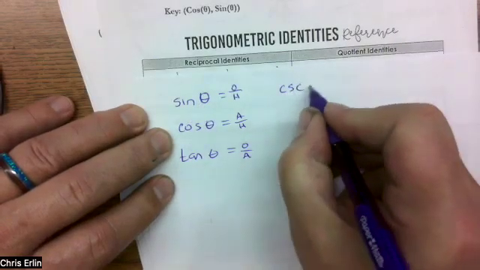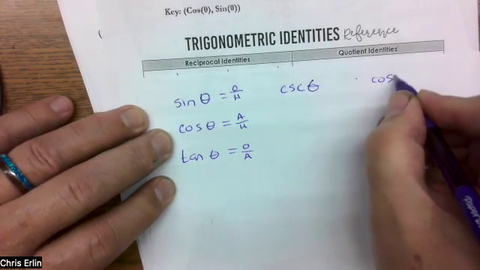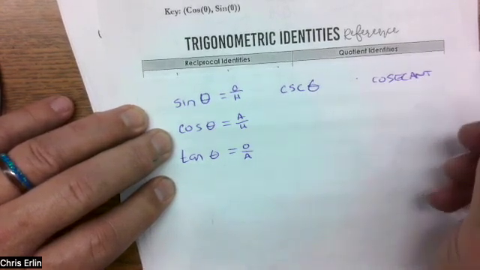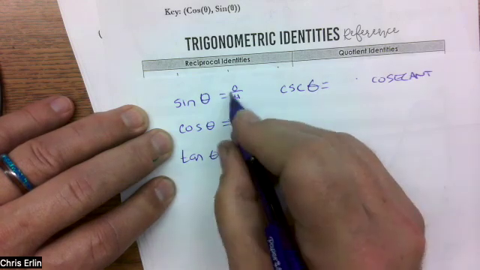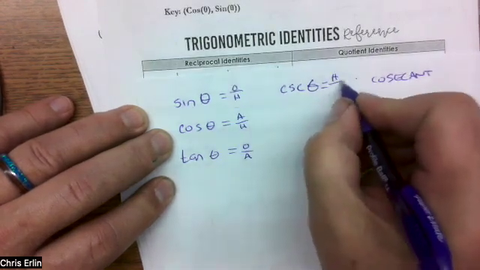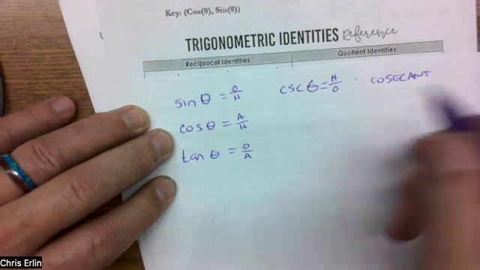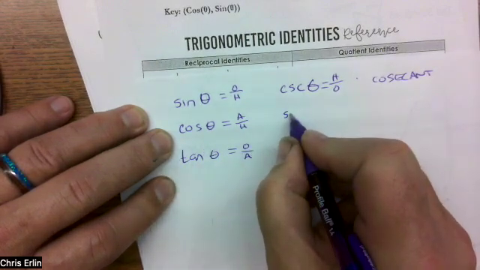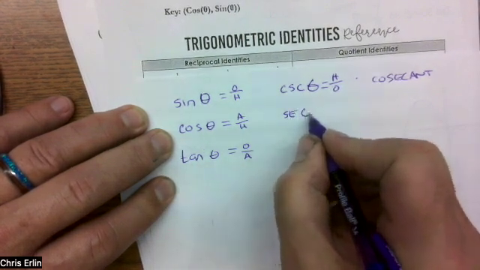This one is called CSC, which stands for cosecant. And it's just going to be the opposite of sine. So it's H over O. And then cosine has a reciprocal of secant.